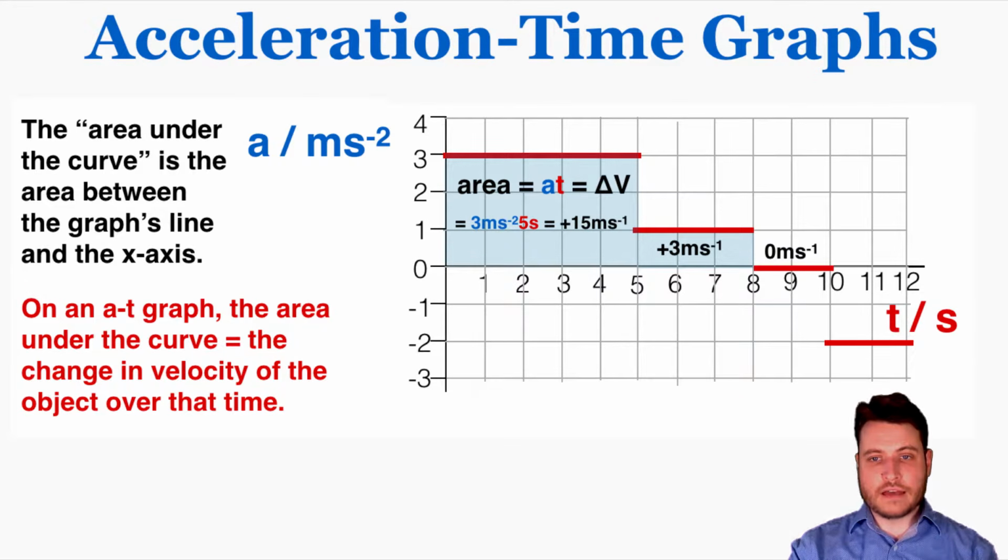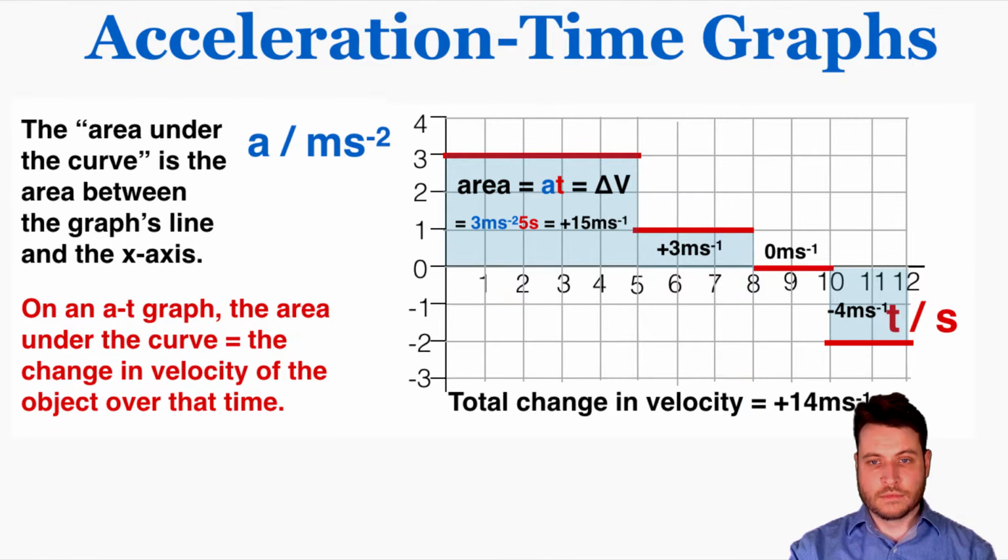I can see that that last area is negative between the x-axis and the line of the graph, so that means that the area itself is going to be negative. The change in velocity will be negative 4 meters per second. So I can see that altogether, the total change in velocity on this graph is going to be positive 14 meters per second when I add these together.